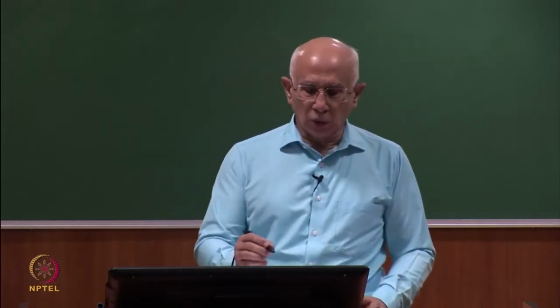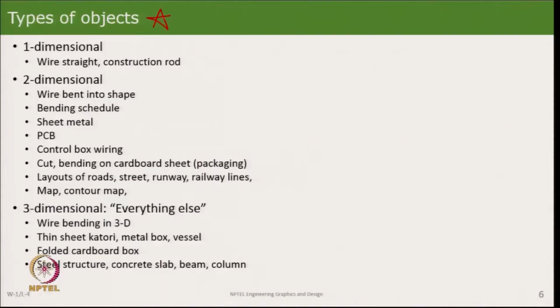Our next thing to look at is what type of objects do we visualize, or what type of objects does an engineer draw. And I have listed them here as one dimensional, two dimensional, or three dimensional. A one dimensional object is relatively straightforward.